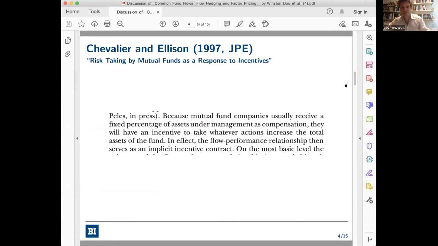They state that because mutual fund companies usually receive a fixed percentage of assets under management as compensation, they have an incentive to take whatever actions increase the total assets of the fund. In effect, the flow-performance relationship serves as an implicit incentive contract. And this is actually the core of this paper: how fund managers will behave or make their choices in order to maximize their compensation, which is a function of assets under management.